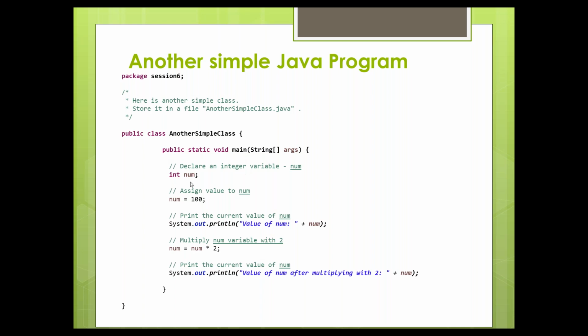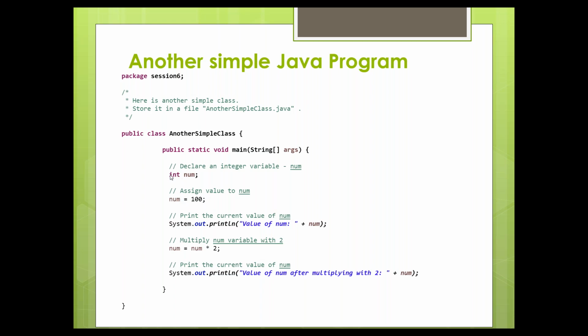Then we have defined one variable. We will see very soon what exactly a variable is, how to define it, and the syntax for defining it. Then we have assigned a value. This is an integer value, and num is a variable. How do we know num is an integer variable?